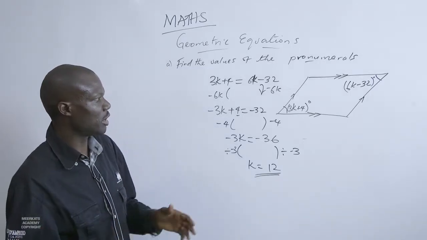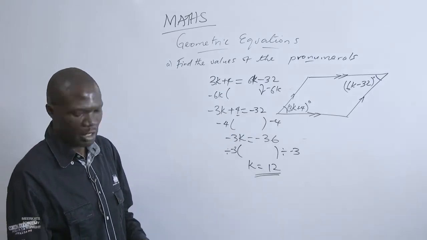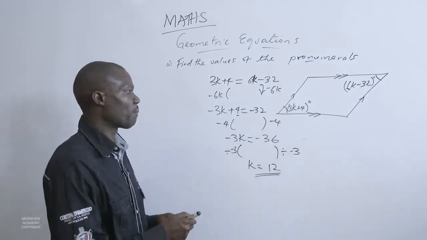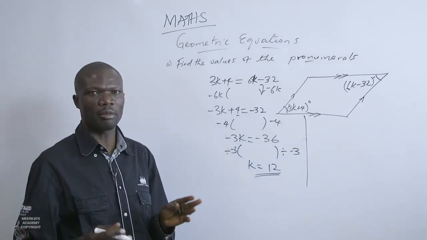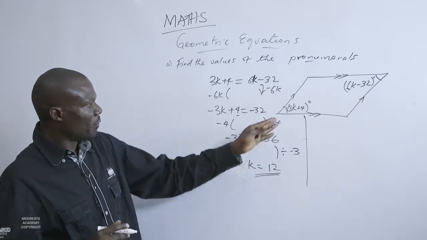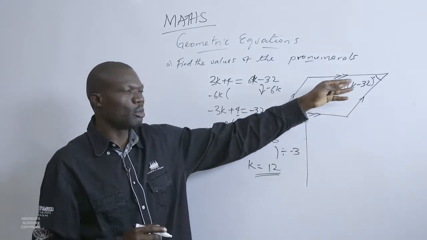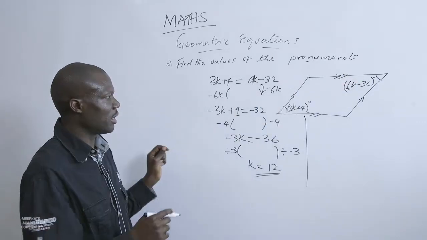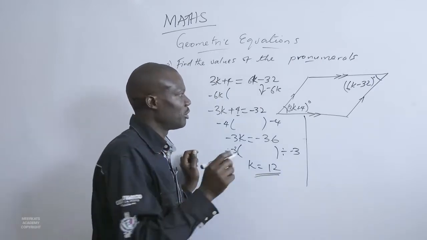So you now see that the value of k in this diagram is 12, and it's always good to confirm whether what we have is right or wrong. So we take k and substitute here, and the value we get on one side should be the same as the value on the other. So let's see. k is 12.